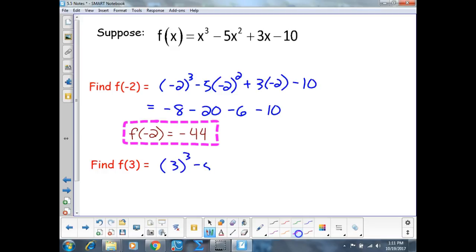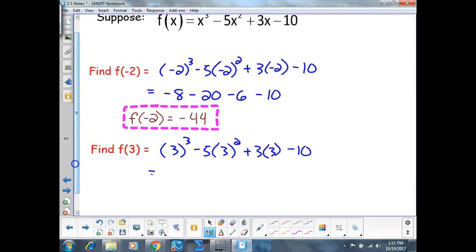Now f of 3: 3 cubed minus 5 times 3 squared plus 3 times 3 minus 10. That's going to be 27 minus 45 plus 9 minus 10. Negative 18, negative 9, negative 19.